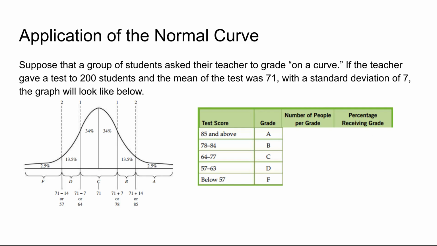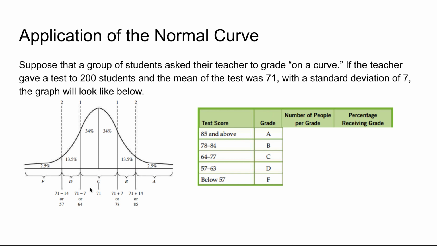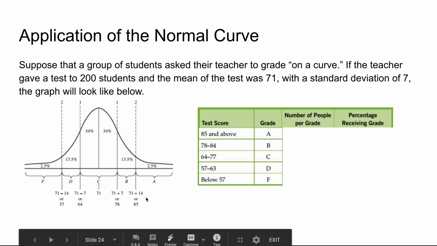Suppose that a group of students ask their teacher to grade on a curve. If the teacher gave a test to 200 students and the mean of the test was 71, so mean is 71 with a standard deviation of 7, the graph will look like this.